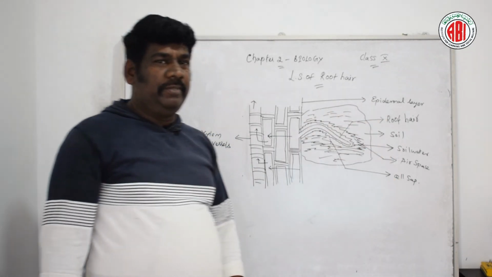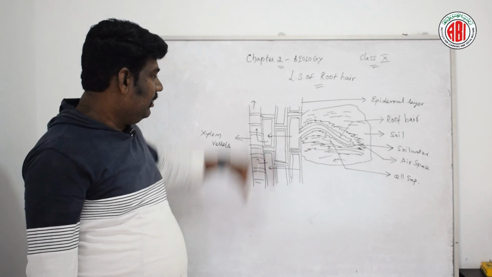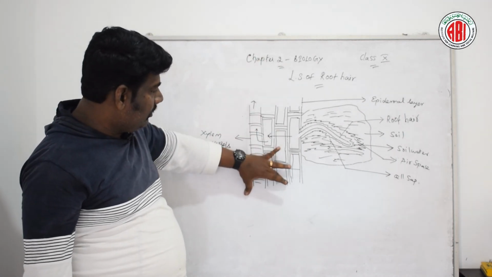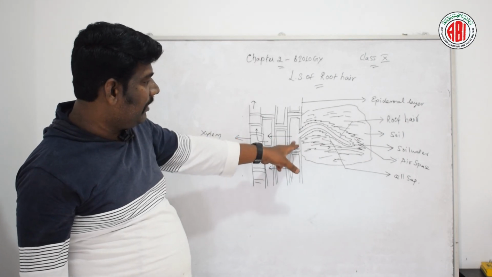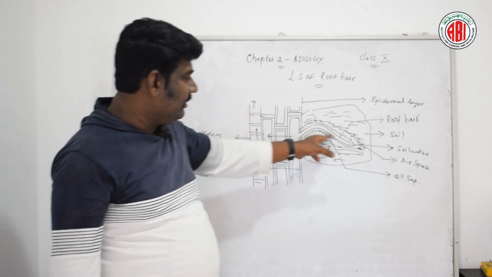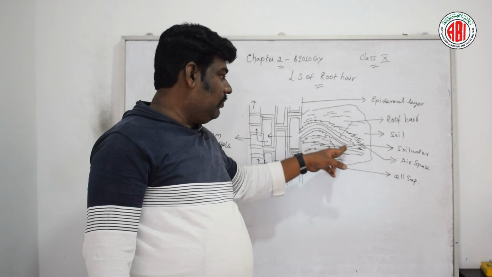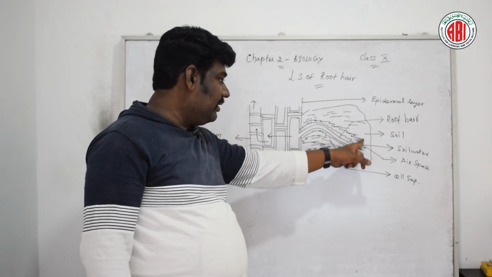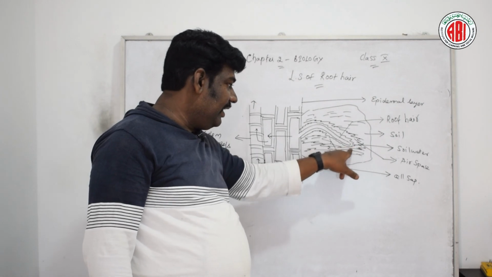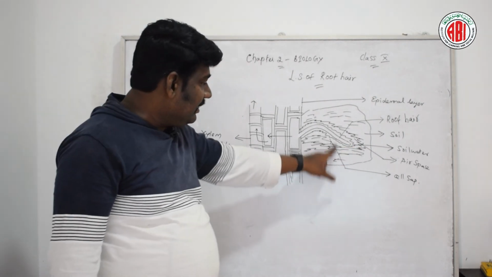It is very simple to remember this diagram. This is the root in a plant. From the root, the outermost layer is the epidermal layer. Through the layer there is one small hair-like structure, called the root hair. Soil and soil particles, soil water, air space and cell sap are there.